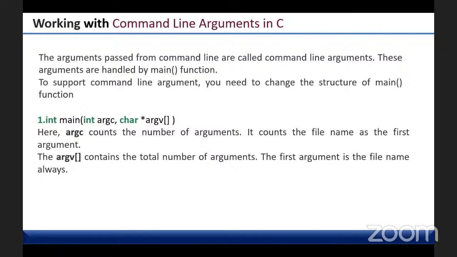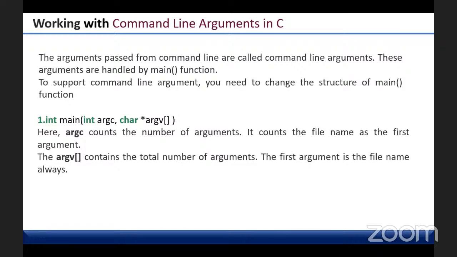It's a pointer type and array variable. So far, with int main, I simply used parentheses, opening and closing, without any arguments. But internally, there are two predefined arguments available for the main function: argc and argv.